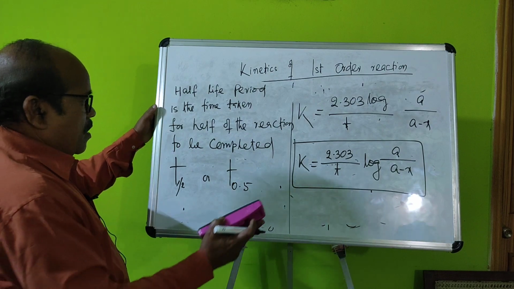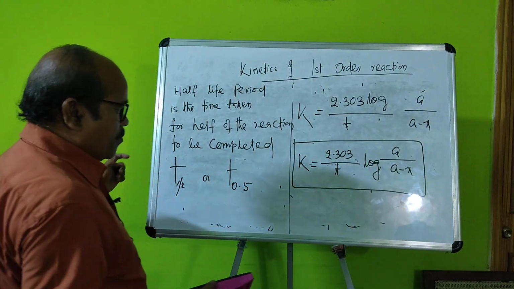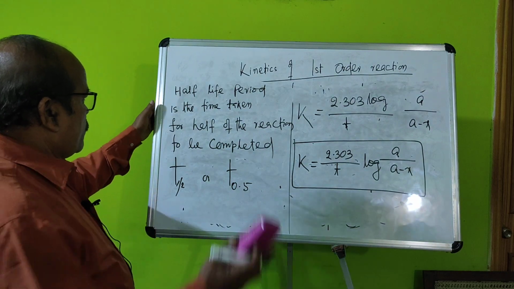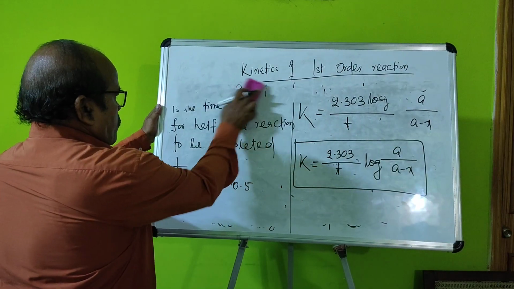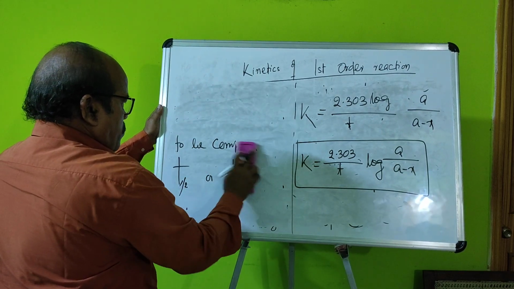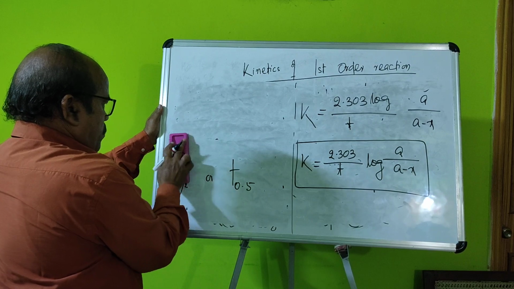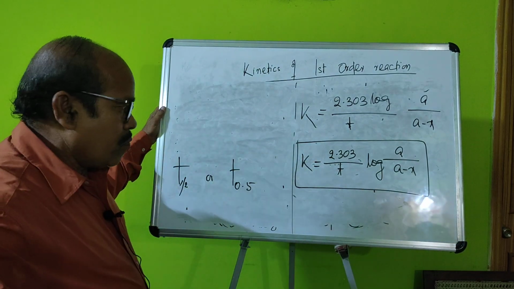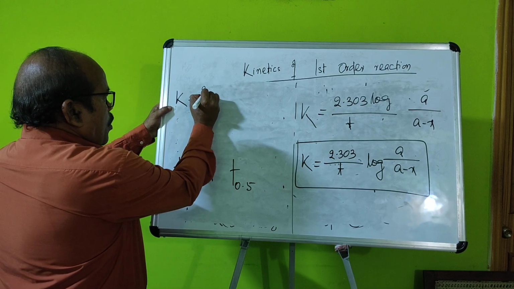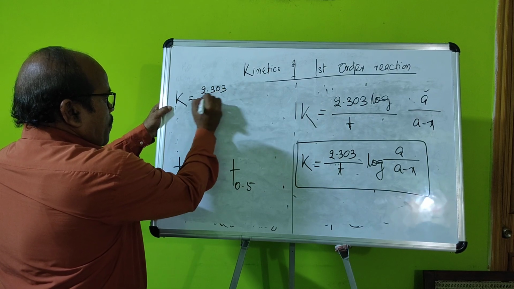Now, putting the value here, K is equal to 2.303.